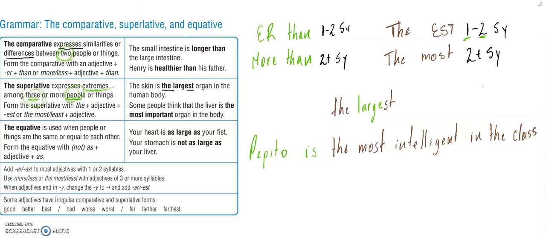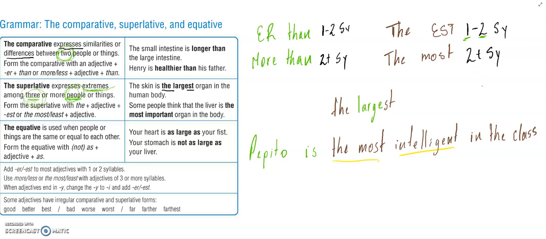So in that sense we have the most and the adjective intelligent. So intelligent has more than 2 syllables, right? So in that case, that's why we use most. So we have intelligent, 4 syllables. That's why we're going to use the most.